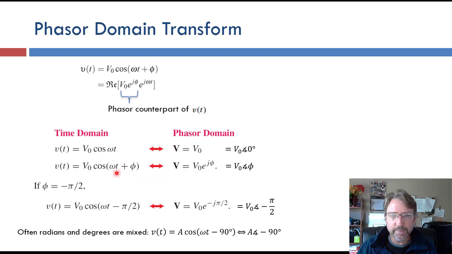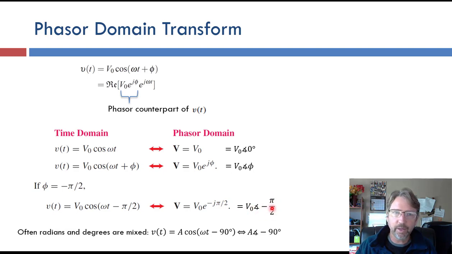Omega comes in, it's important, don't forget what it is, but it's not part of the phasor transform right here. So if we had a phase shift of negative pi over 2, then it would be written like this: amplitude or magnitude and phase, negative pi over 2.